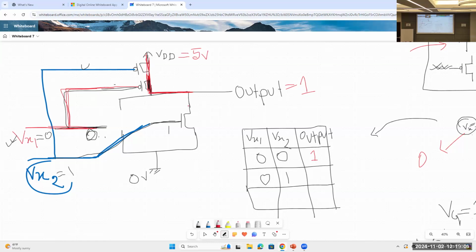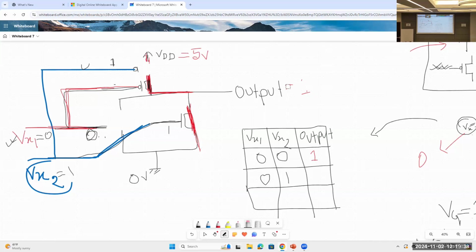So this is connected. And the same VX2 equal to 1 will come to the PMOS as well. If PMOS gets 1 as input, it will be turned off, so I am just removing this connection.